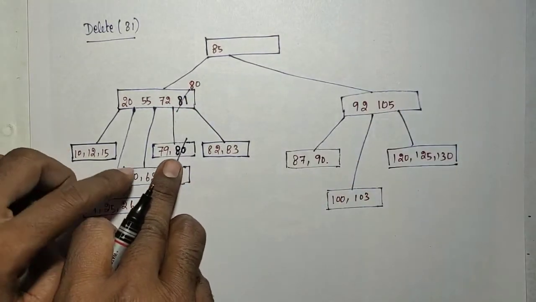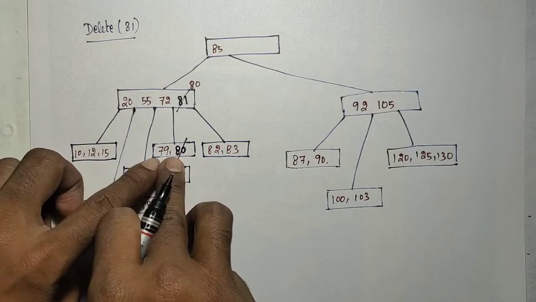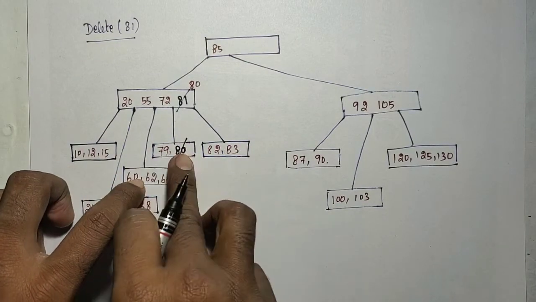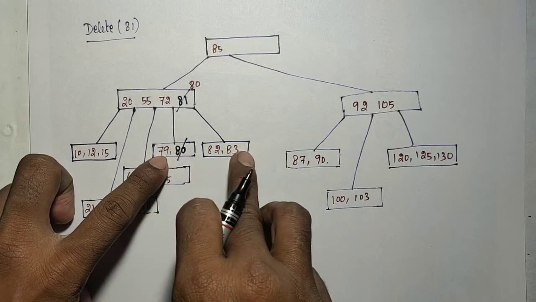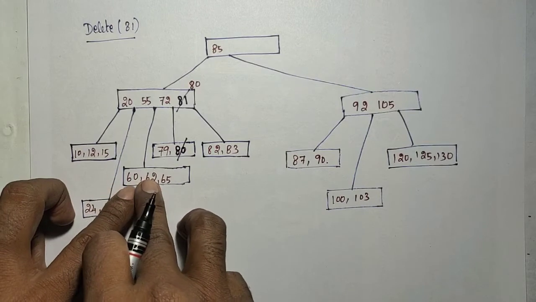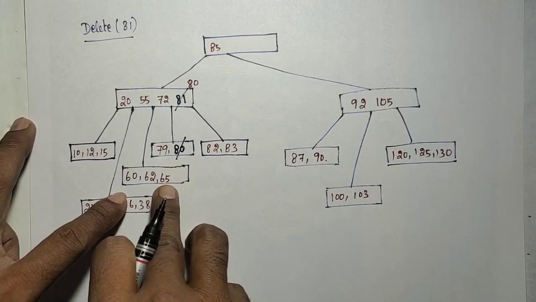So now what is happening, the 79 node goes underflow. Underflow means it tries to borrow one element from here, or it will try to borrow one element from there. But when it tries the left sibling, it has sufficient elements to give.